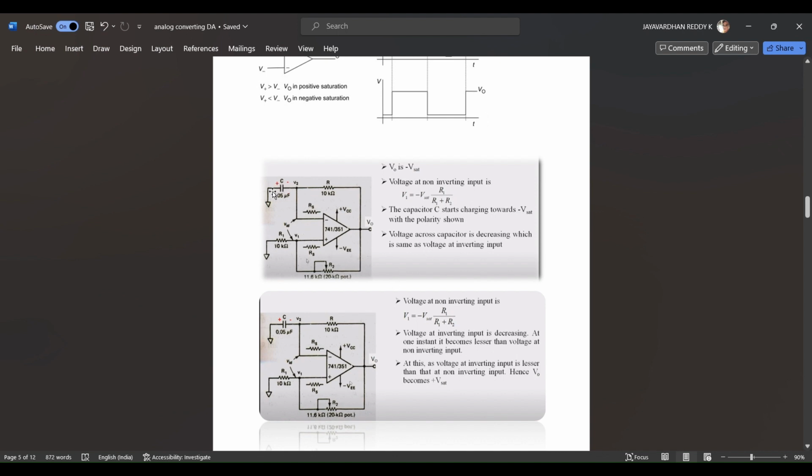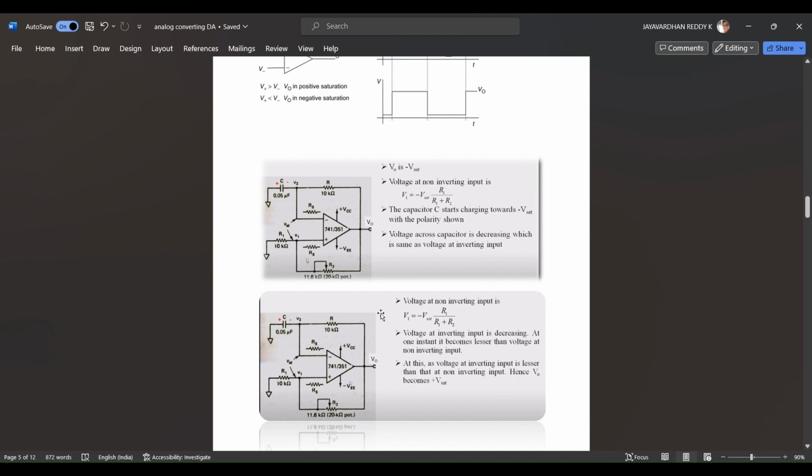Now, the capacitor decreases its voltage and it goes below the voltage across the non-inverting terminal. So, the non-inverting terminal voltage will be greater than the inverting terminal voltage. So, the output of the comparator will be plus Vsat.